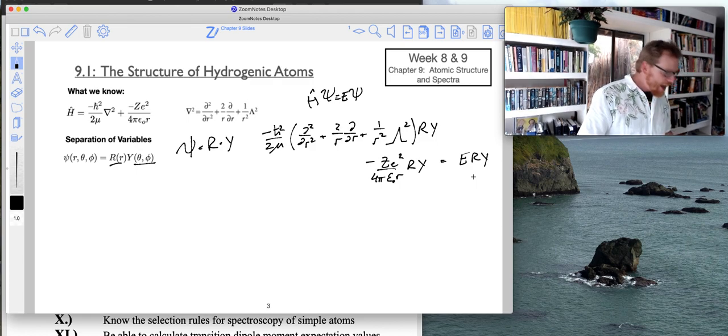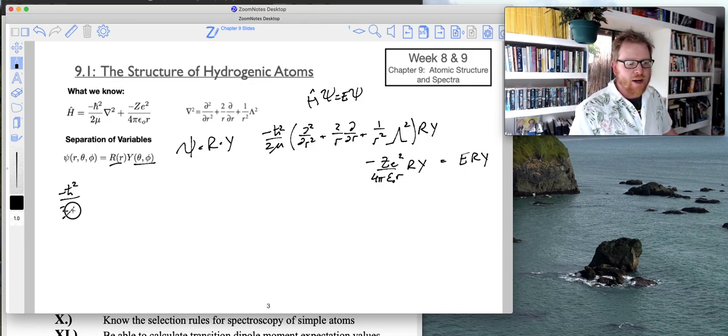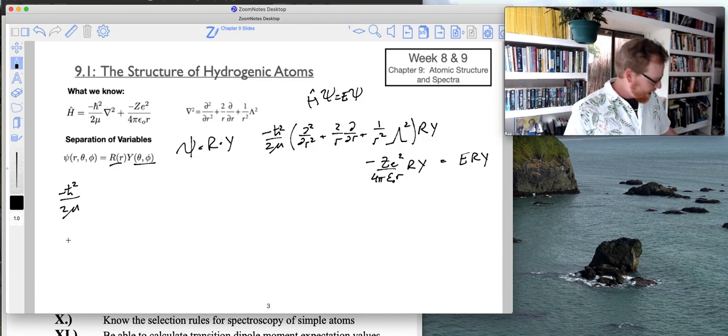As it turns out, we can look at this in an alternate form. I've got this full Laplacian right here, and there are a lot of shortcuts and steps I'm going to make that I'm not going to hold you responsible for. But you can make an approximation between these two terms to make this a little bit easier to solve.